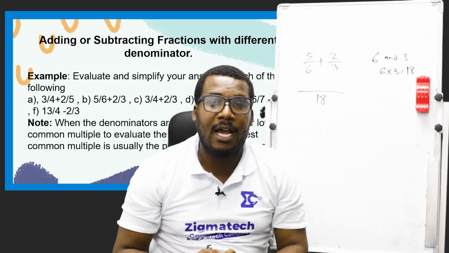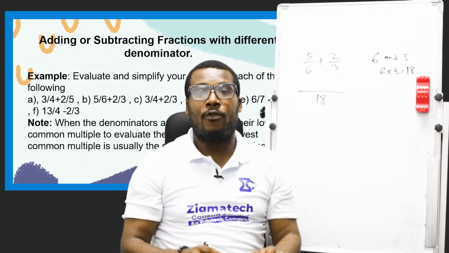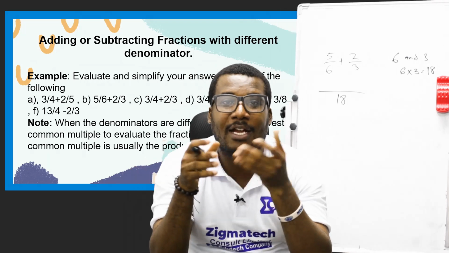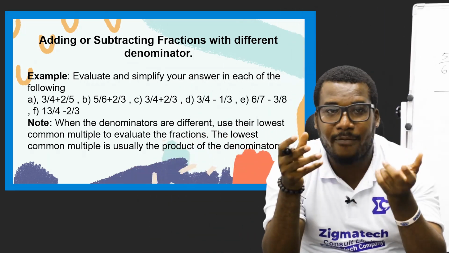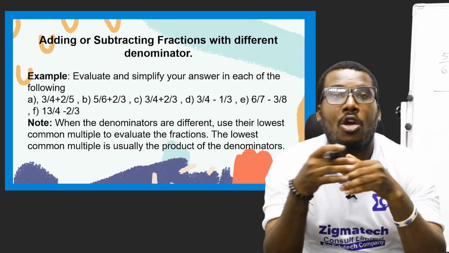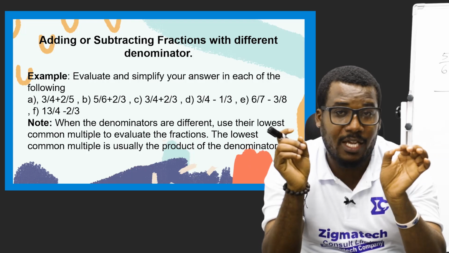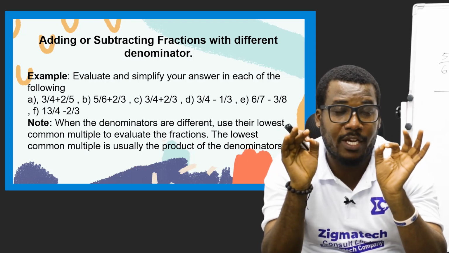Now, I've seen some people that are using the comparative way of comparing. 3 can go into 6, so you can make it 6. If that will work for you better, you can use it. But there's a tricky fact about it.